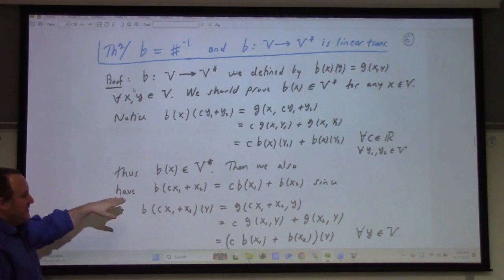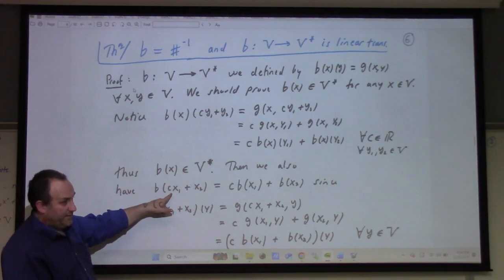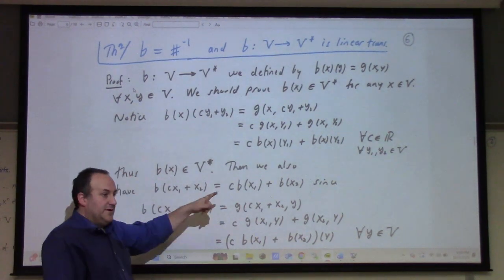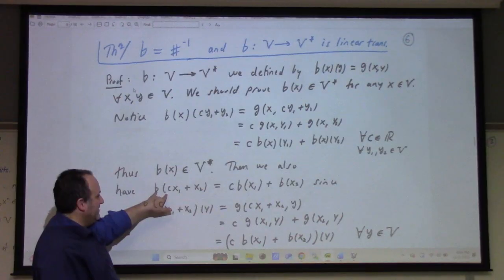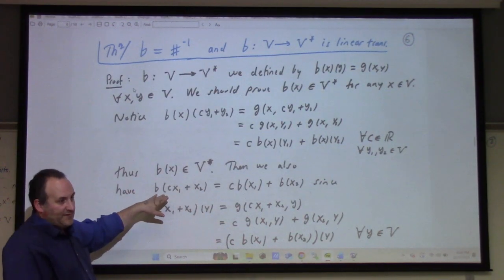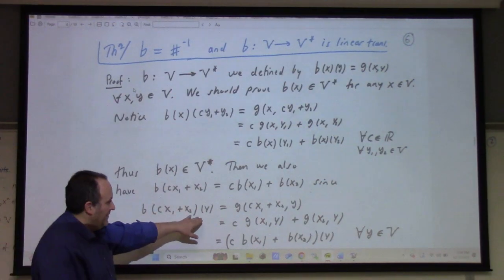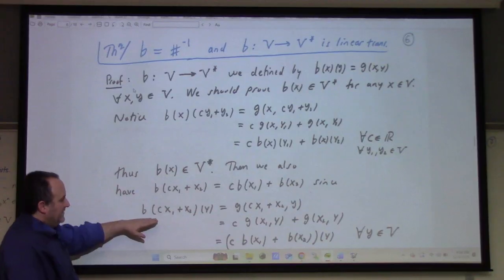But then we also need linearity of the map flat. The flat of anything is itself a dual vector, so to understand it, we have to let it act on something because it's a mapping. So I let it act on an arbitrary vector y. By definition, this is that.